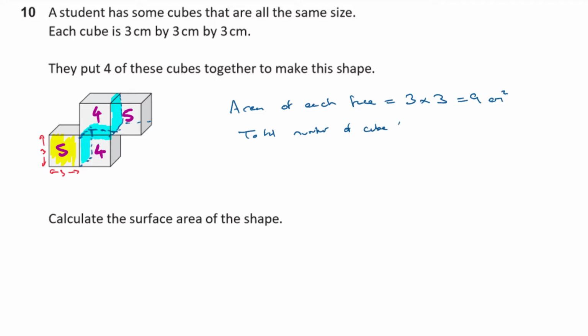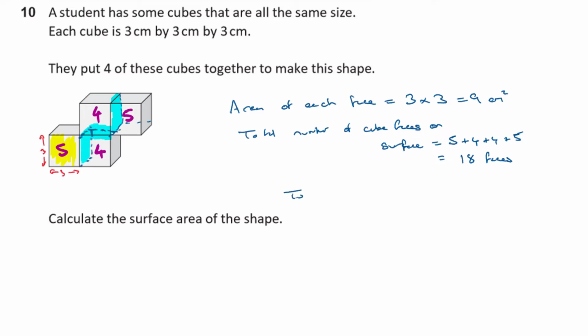cube faces on surface, that's going to be the 5 plus 4 plus 4 plus 5 faces that are actually still external to my new shape. That adds up to 18 faces.